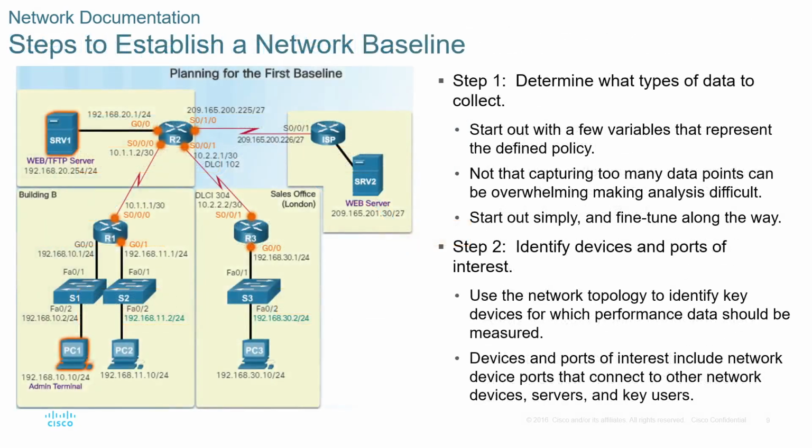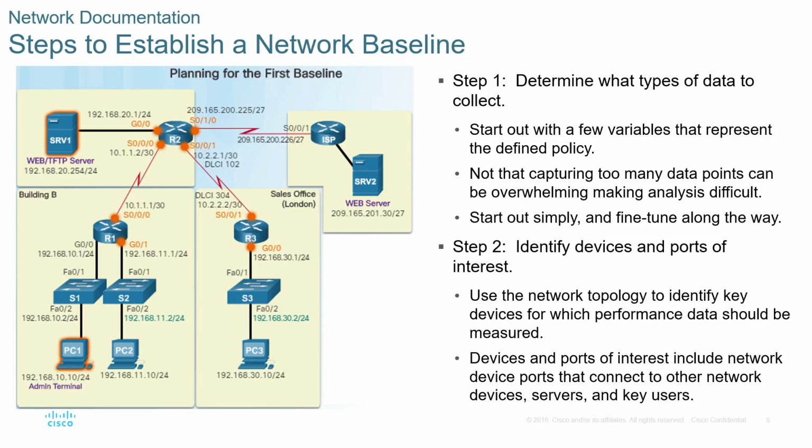Now, how do we actually establish the network baseline? We have a guide that tells us that after the implementation of the network, after the network is fully operational, we can start to establish what the normal operation is. In other words, we can establish the network baseline. The first step is to determine what types of data to collect.